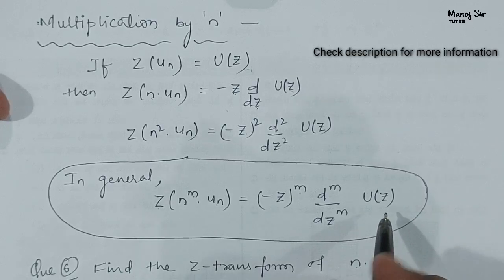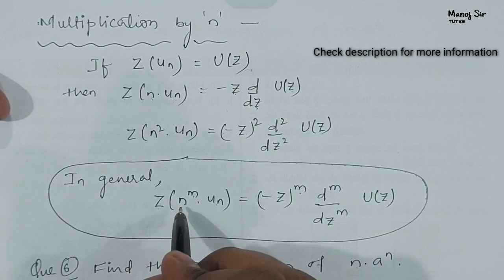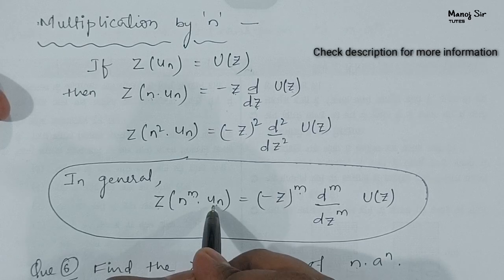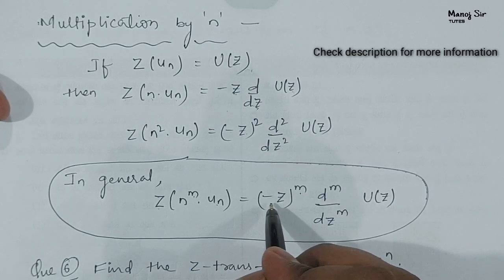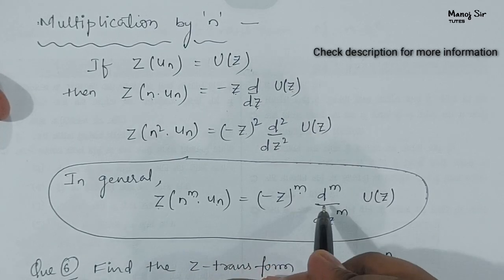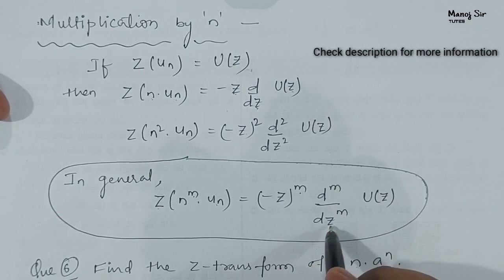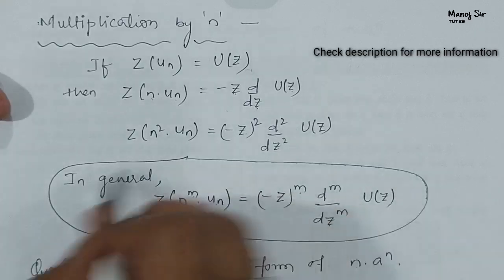I am repeating this once again. Z transform of n to the power m into u(n) is equal to (minus z)^m into the m-th differentiation of U(z) with respect to z. This is the general formula.